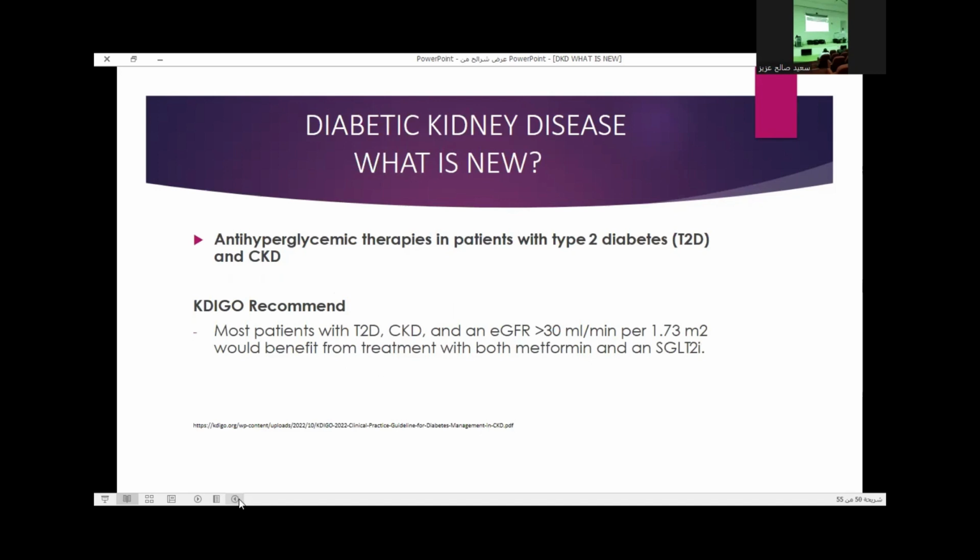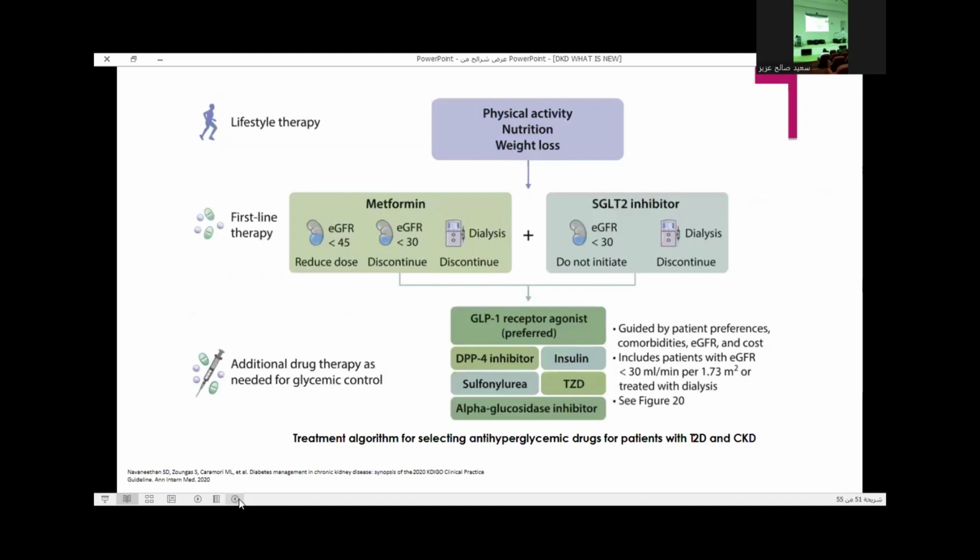For the anti-hyperglycemic therapy, there is nothing changing from 2022. Metformin and sodium glucose transporter inhibitors are still the first line therapy. And here is a nice picture, even published from 2020, that showed usually we start with the lifestyle intervention. Then after that, the first line therapy, metformin and the SGLT inhibitor.